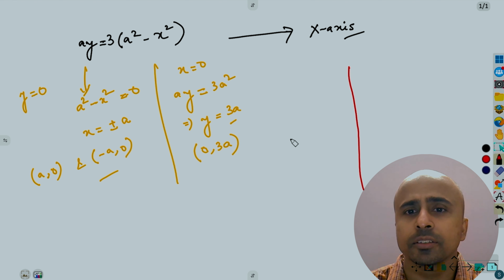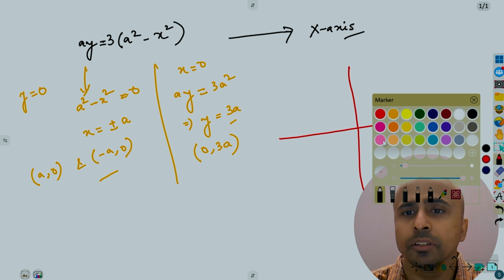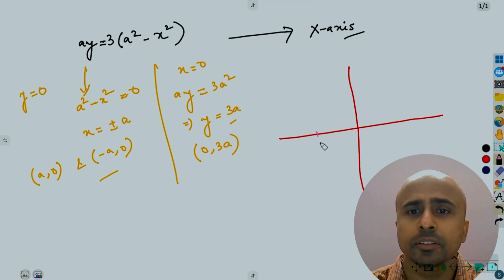Let's say this is the Cartesian coordinate and the parabola will be like this. Let's say this is (minus a, 0), this is (a, 0), and this is (0, 3a).